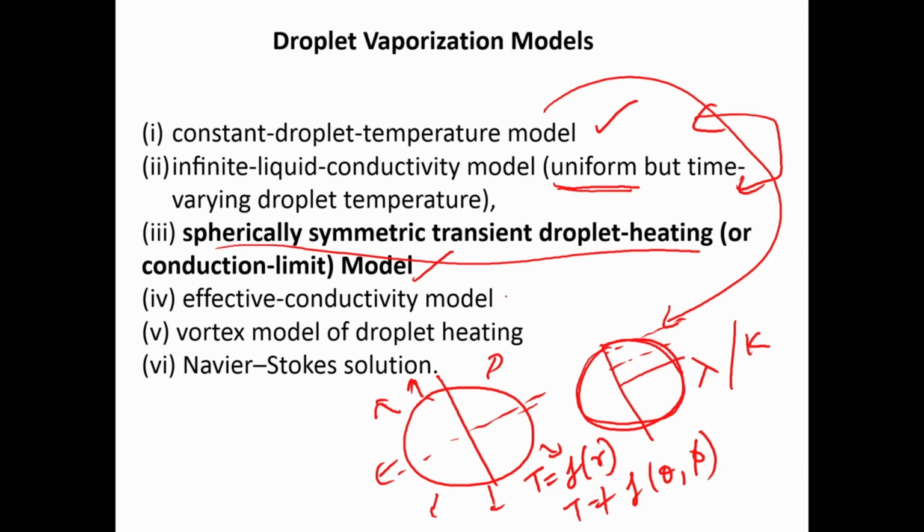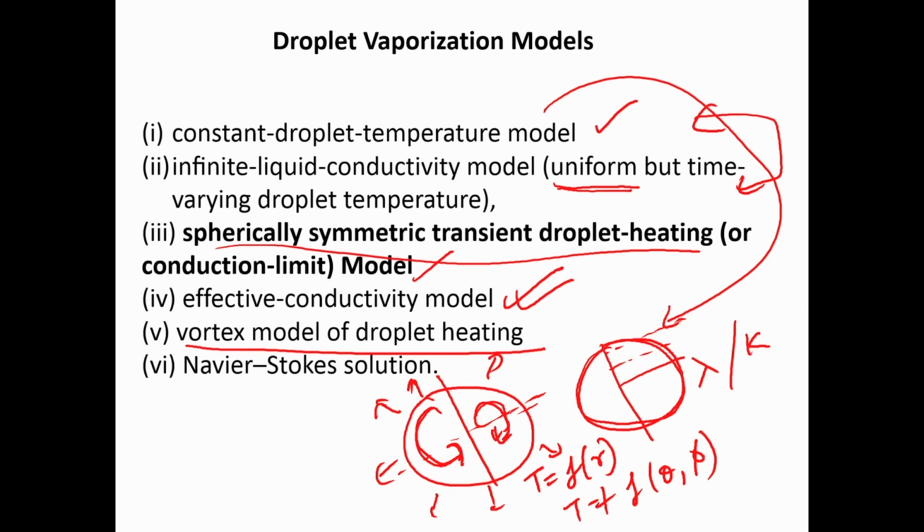There is something called the effective conductivity model also, which we will come across a little later. Then there is something called the vortex model. The vortex model actually takes into account the fluid flow inside the droplet. So, it is a convective model. It takes into account how the liquid inside the droplet is churned.